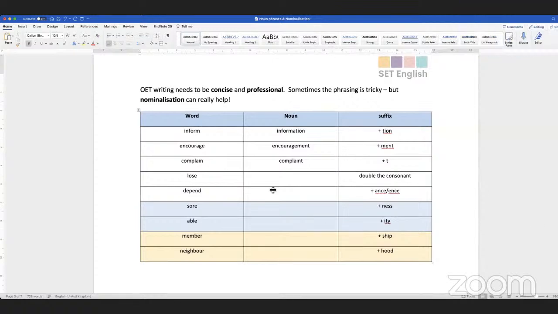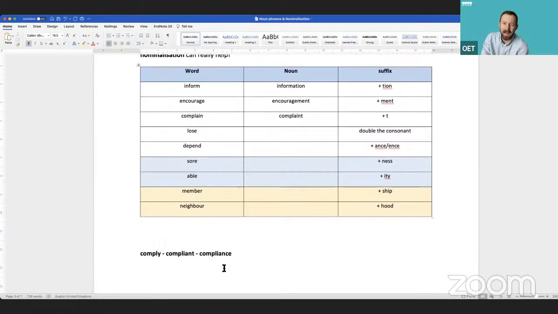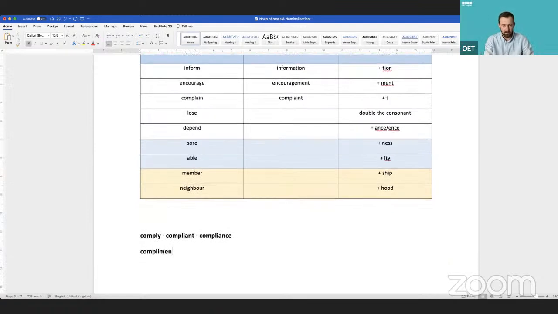So what is complement or compliment? Like this. Well, that's a noun or a verb. To compliment someone is to say something nice, like, Amal, I really like your aftershave. That's a compliment. He gave me a nice compliment.